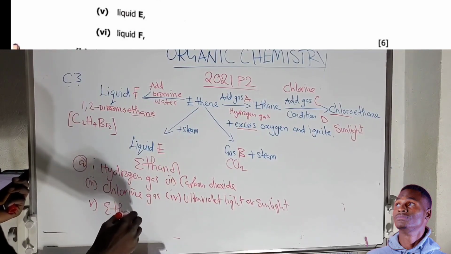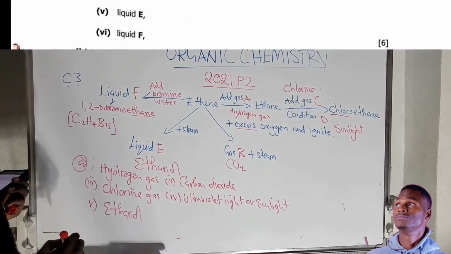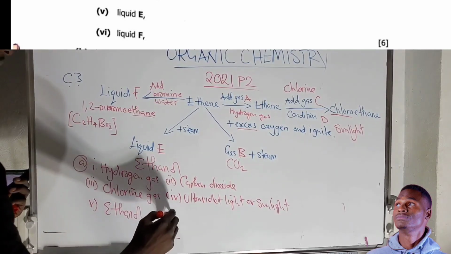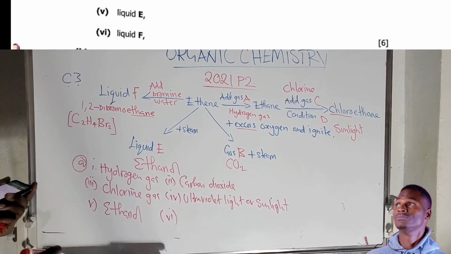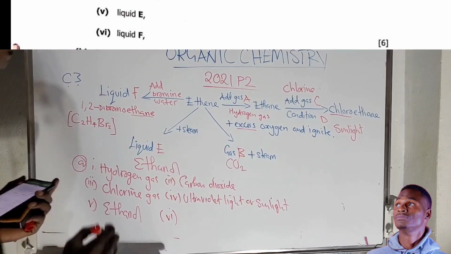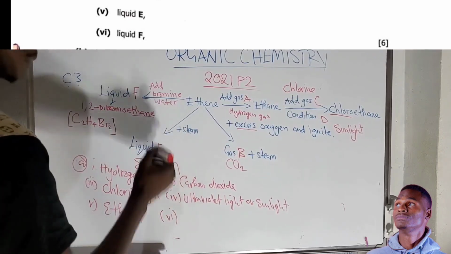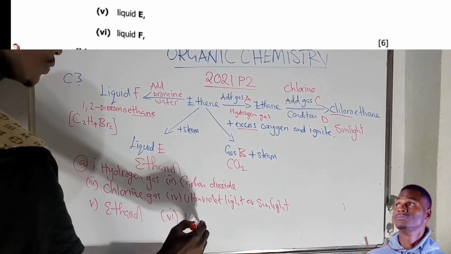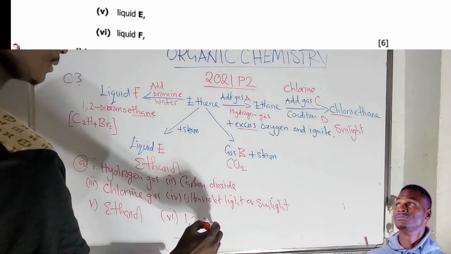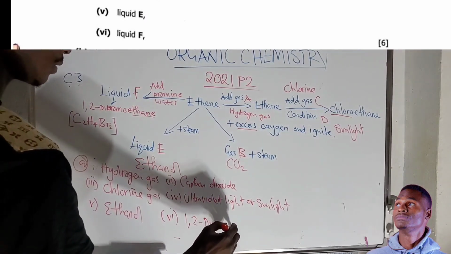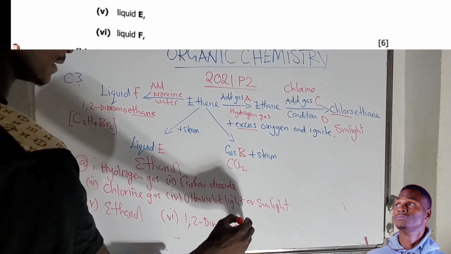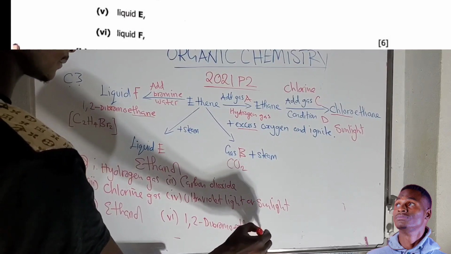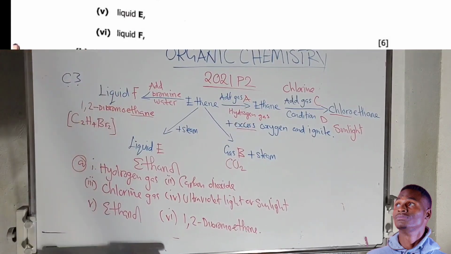Number 6 is liquid F. Liquid F is 1,2-dibromoethane.